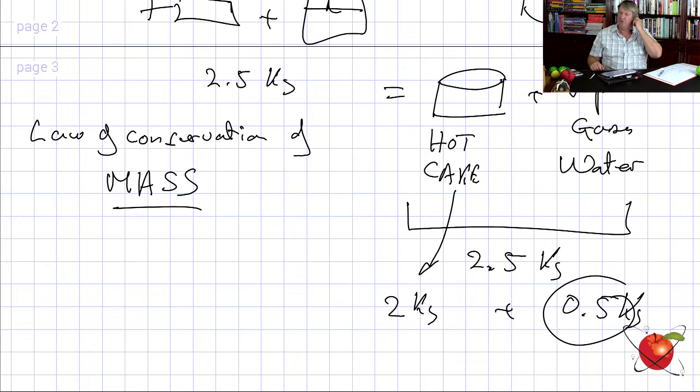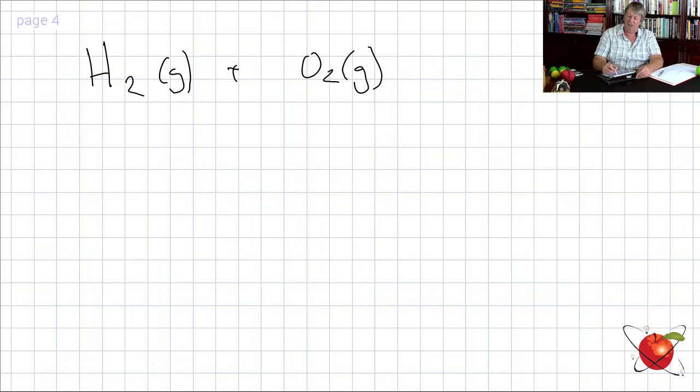And the law of constant composition is this. If I am going to make water, we are going to manufacture, synthesize water. So H2 gas plus O2 gas goes to H2O, balance it 2 and 2.